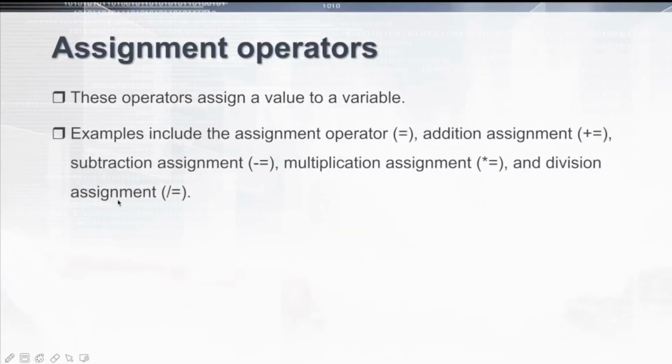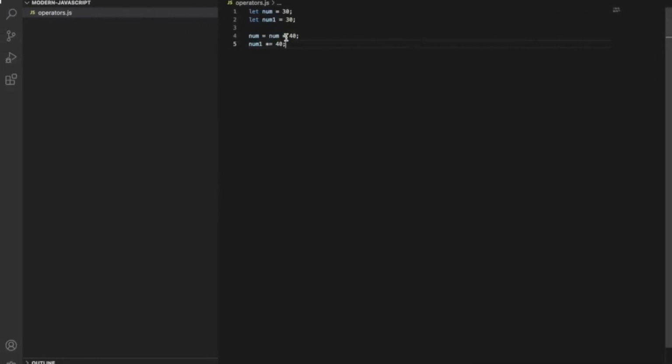Then the last is the division assignment operator. In this case we have the expanded version, and this is when you are using the division assignment operator. So this here is the division assignment operator. If you want to have a shorter version of this, you make use of the division assignment operator, but this is what the statement means.